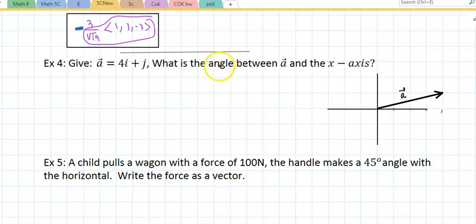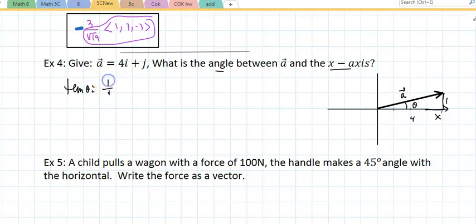If I wanted to know the angle that it makes between the vector and the x-axis, this angle theta, well, this is 4, this is 1. What do you think?